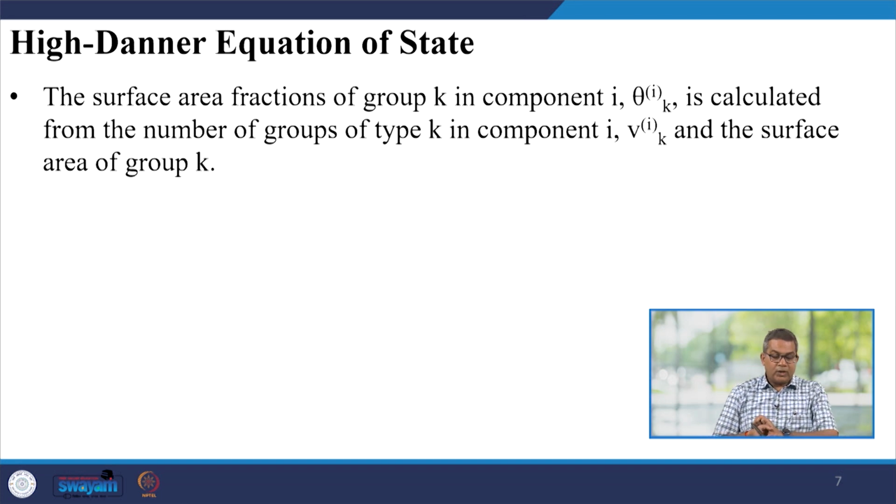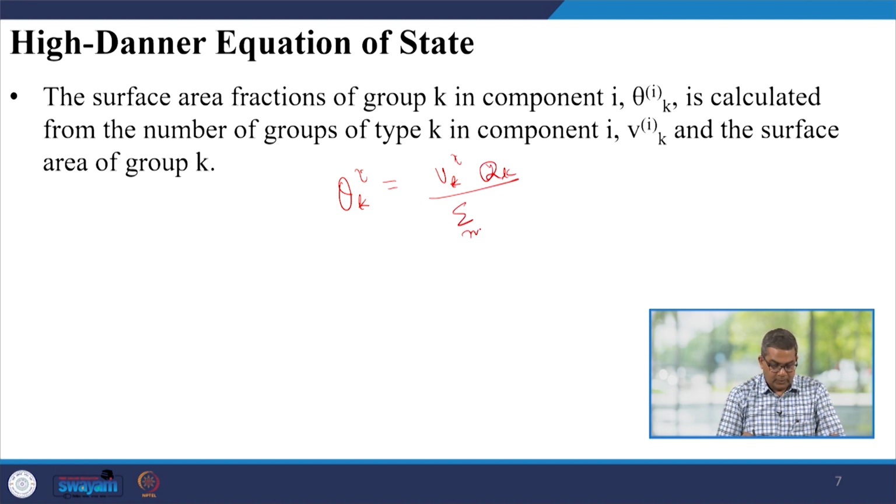Now the surface area fraction of group K in component I, theta Ik, is calculated from the number of groups of type K in component I and the surface area of group K. So theta Ik is equal to Vki Qk over the sum of Vmi Qm.